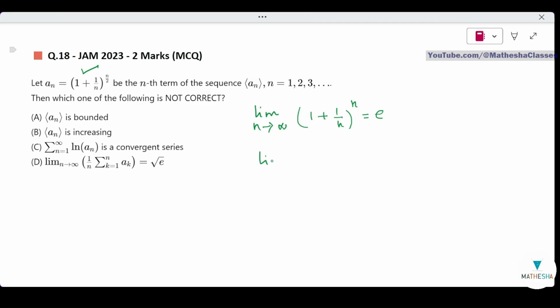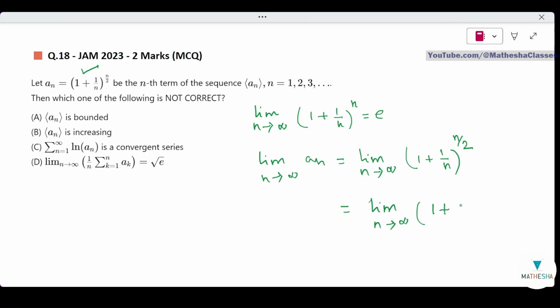So limit n tends to infinity of an will be limit n tends to infinity (1 plus 1 upon n) whole to the power n by 2, and we can take that 1 by 2 outside as follows. We'll write limit n tends to infinity ((1 plus 1 by n) whole to the power n), and that half will come out. So it will be e to the power half, or under root e.